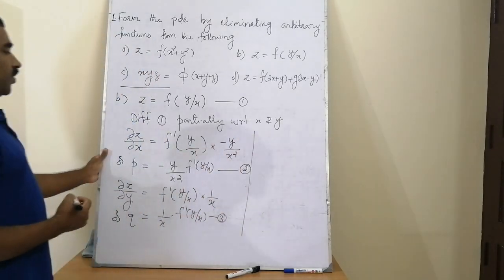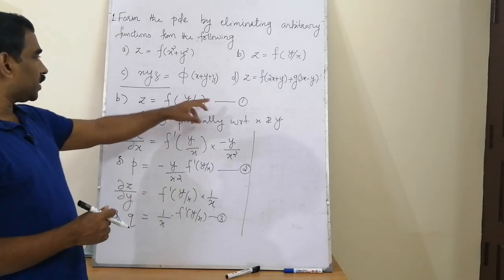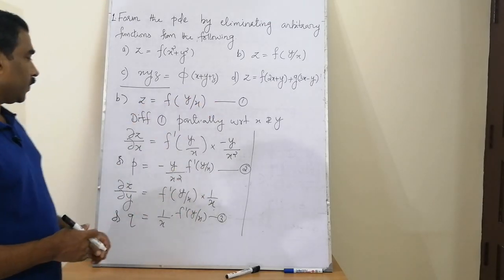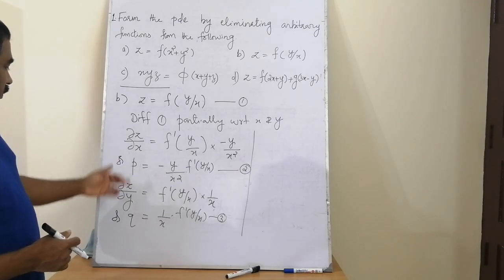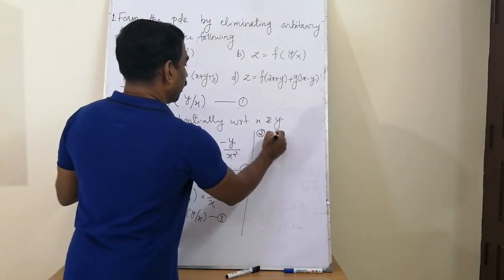Now come to the elimination process. We are going to eliminate f or its derivative from relations 1, 2 and 3. Here it is a simple step. As in the previous case, we are going to divide equation 2 by equation 3.